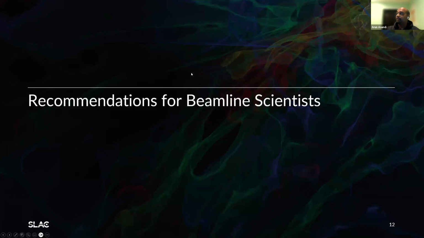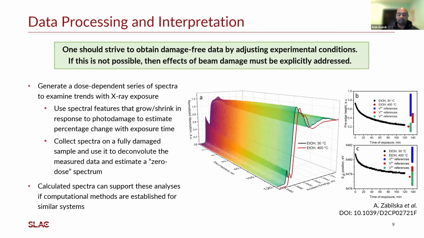Yeah, definitely. I think that's a good point, and I think some care needs to be taken into how the results are presented if there is some beam damage. So I'll give this one as an example. You can see here that the researchers looked at how certain features changed over the exposure time, and they can estimate, based on even the very first scan, how much exposure time that spectrum was taken under, and estimate how quickly the sample is changing at these very short measurement times.